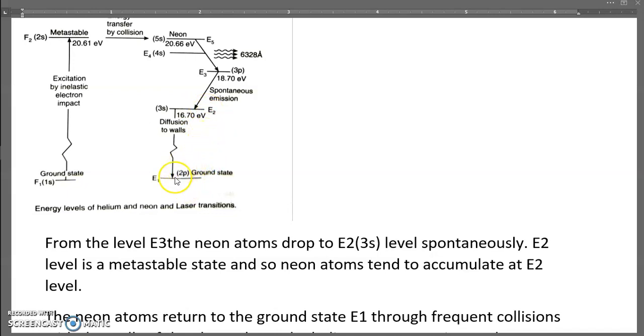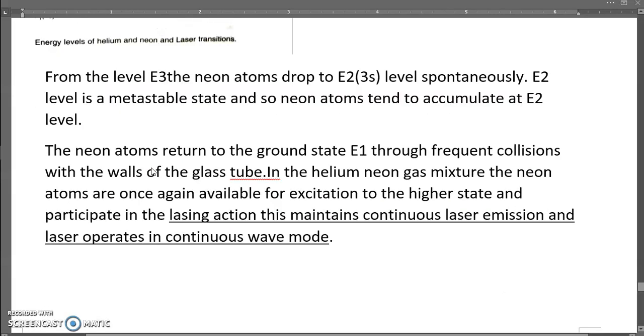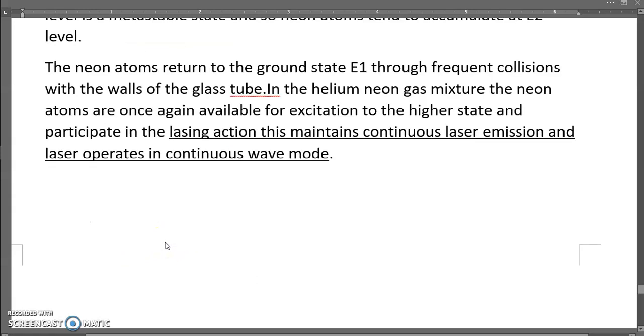In this way, the neon atoms are once again available for excitation in the helium-neon gas mixture, for excitation to the higher state, and to participate in the lasing action. This maintains the continuous lasing emission and the laser operates in the continuous mode.